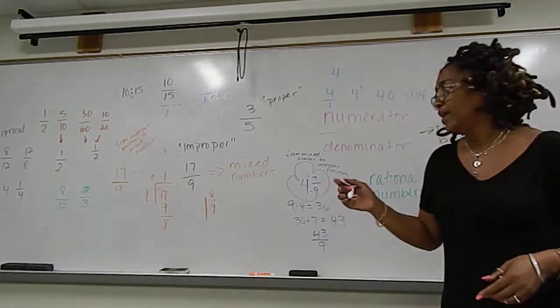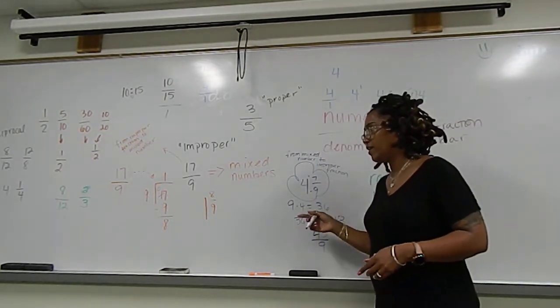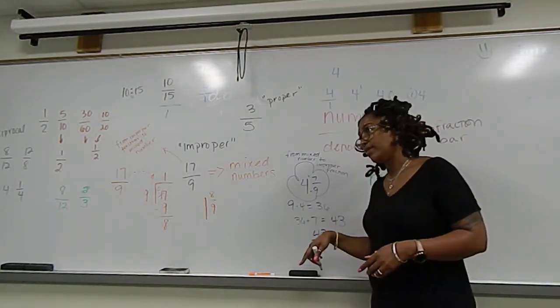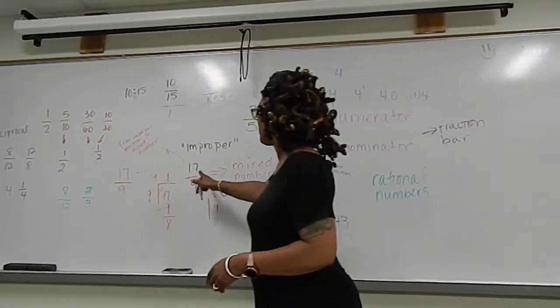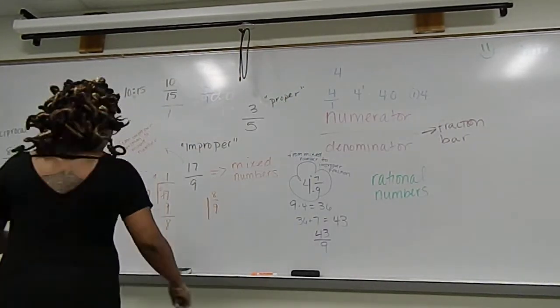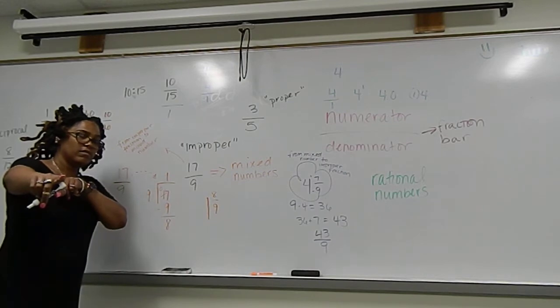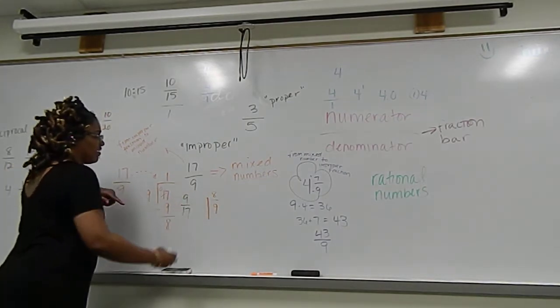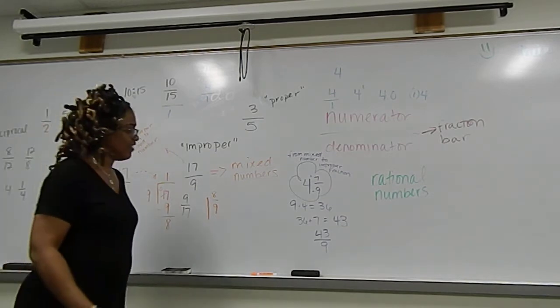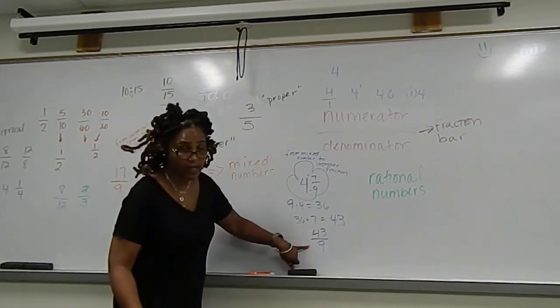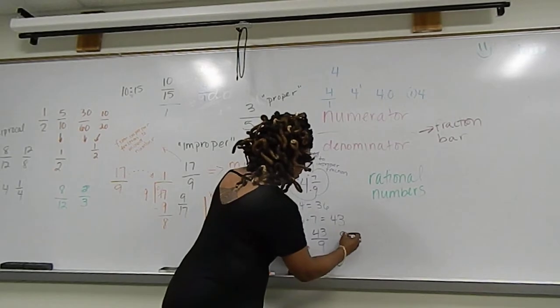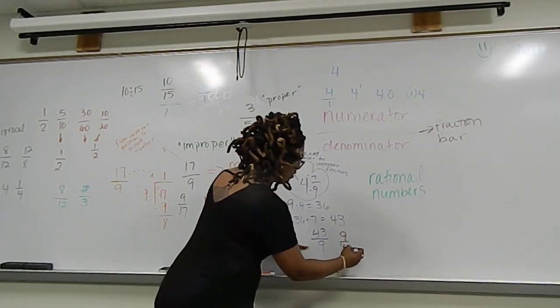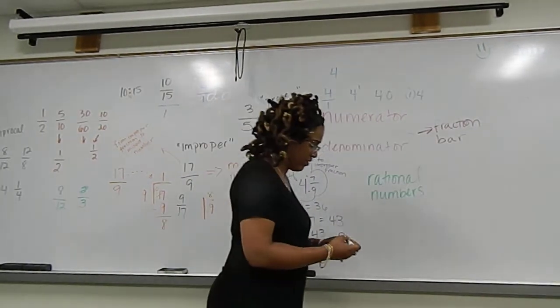You are now making your denominator the numerator and your numerator the denominator, right? So reciprocal of 17 over 9 is, you better have said 9 over 17. Reciprocal of 43 over 9, 9 over 43, right? Okay.